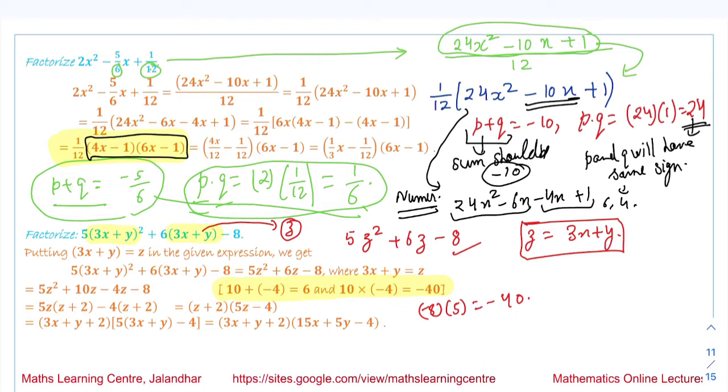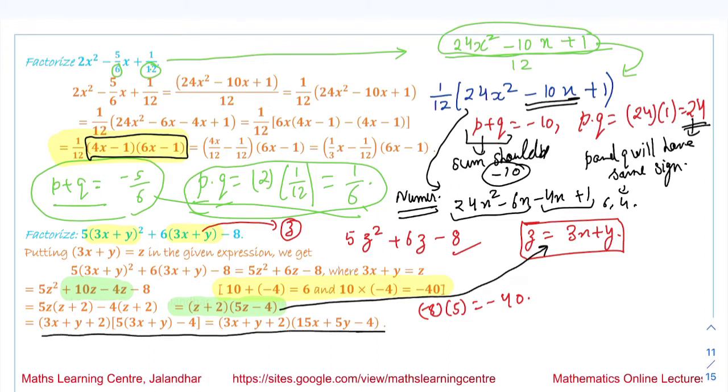So when we split the terms using this, we get the answer in the form (z plus 2) into (5z minus 4). And what value of z we have to substitute? It is 3x plus y. So when you will substitute this value, you will get the answer in this form. So you can try this question on your own, that how we are getting this answer.